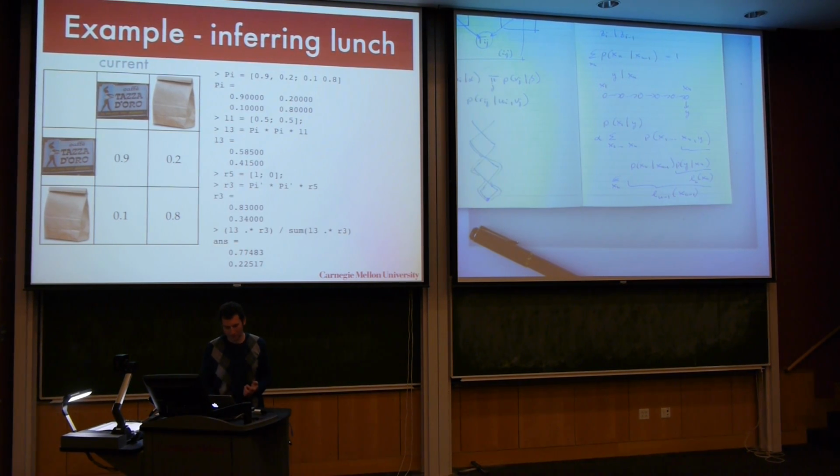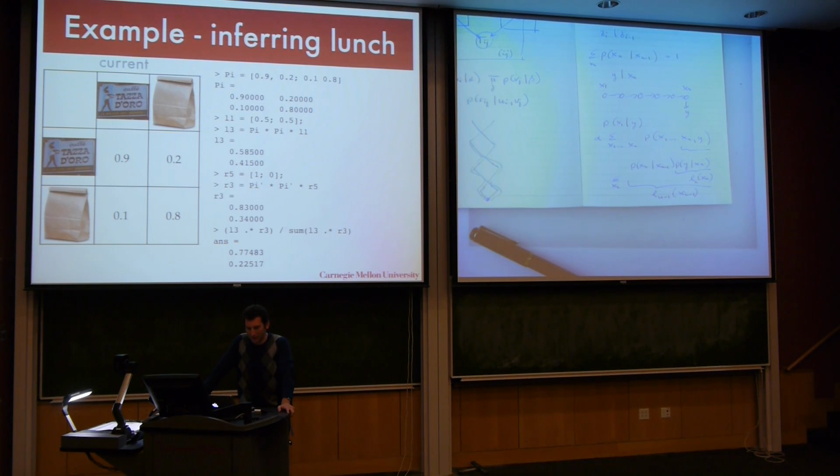So here's the code. You set up the transition matrix pi, same thing as before. The only thing is I've picked a stationary case because I don't want to type in 5 different transition matrices for the pseudocode here. That's the only reason. Just lazy. So in doing so, we can get the left message.